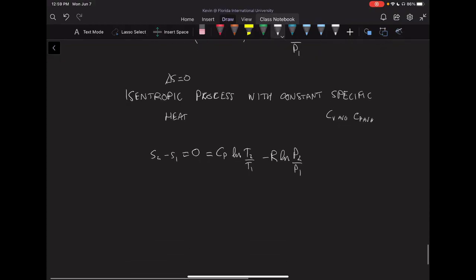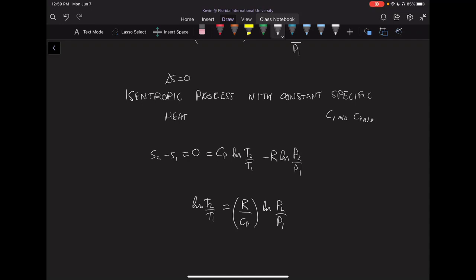And based on that equation, we can say that ln of T2 over T1 is equal to R over Cp times ln of P2 over P1. Okay, I brought the Cp over from the left to the right.